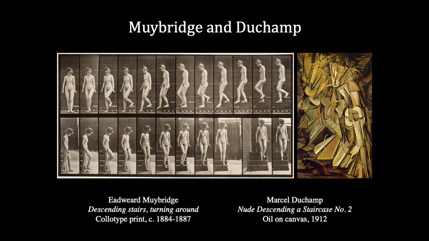Another of Marcel Duchamp's works is his painting Nude Descending a Staircase, and compare it with Muybridge that we looked at briefly before, his playing around with capturing motion. It's the same idea that Duchamp has with Nude Descending a Staircase.